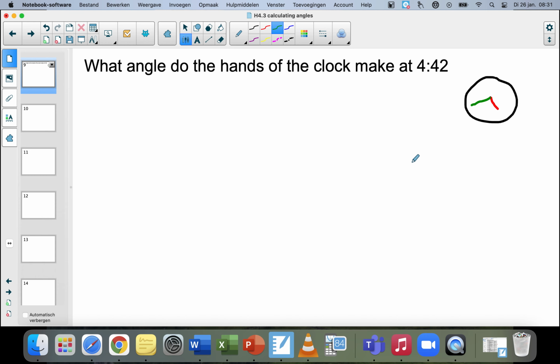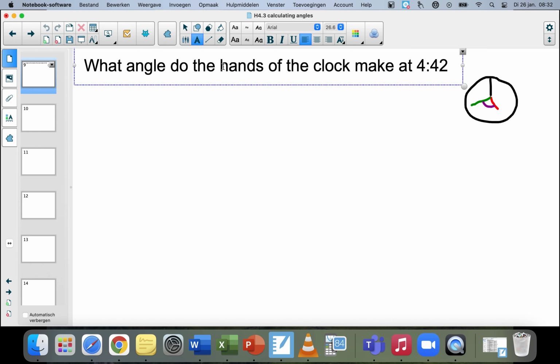So how can we calculate the angle between these two hands? Well, to do that we have several steps to make, and it all comes down to comparing things to 12 o'clock. Because at exactly 12 o'clock, we know that the angle is 0 because they're both exactly at 12. And from there, we're going to calculate it.